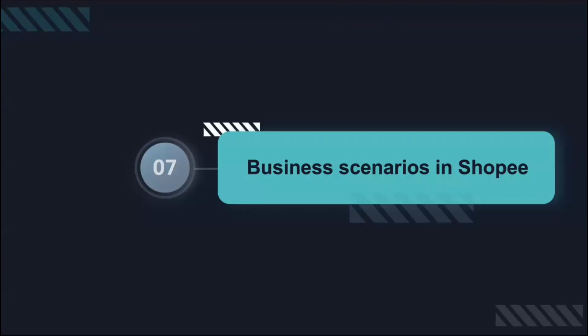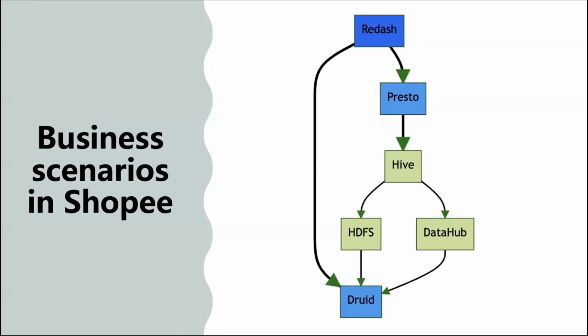Okay, next, let's take a look at those business scenarios in Shopee. The first one previously stored data in Hive, but they need sub-second query latency to serve their end users better. So they want to migrate the data from Hive to Druid.